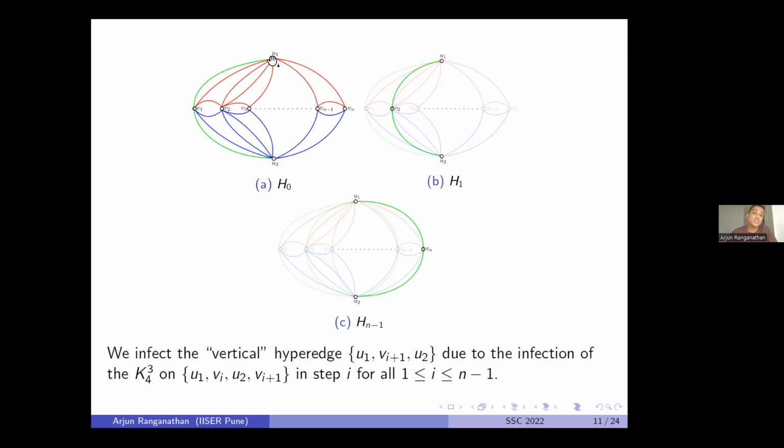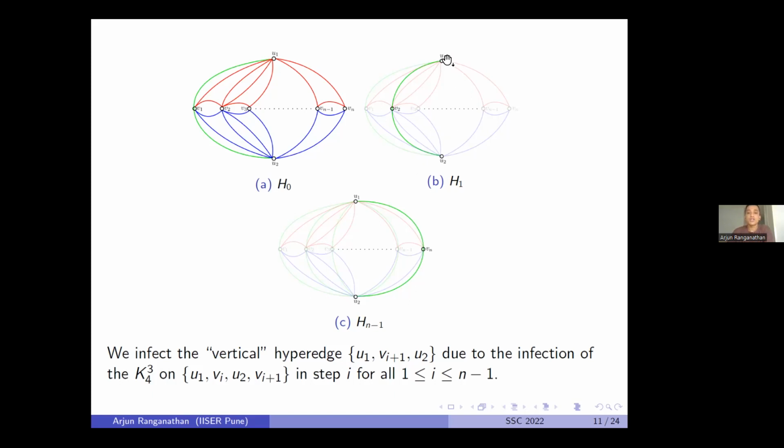And as we can see, 3 of the 4 hyperedges are already there. This green one, u1, v1, u2, the blue one, u2, v1, v2, and the red one, u1, v1, v2. And so to complete the K_4^3 on these 4 vertices, this green hyperedge, the one missing hyperedge from this K_4^3, u1, v2, u2, gets infected in the first step, right?